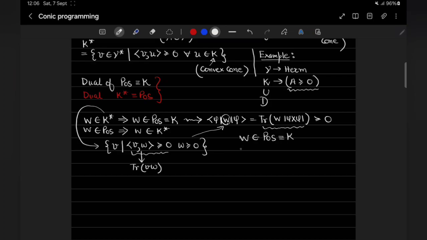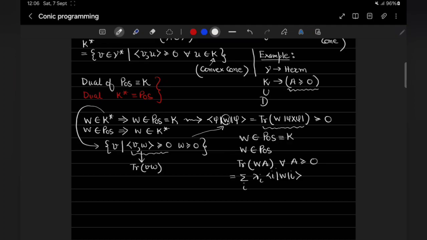On the other hand, if W belongs to POS, then we have to show that it belongs to K star, and that is also simple because we just have to show that trace of WA, for all A greater than or equal to 0, is greater than or equal to 0. But trace of WA is the summation over i of lambda_i times the expectation of W in the eigenvector i.